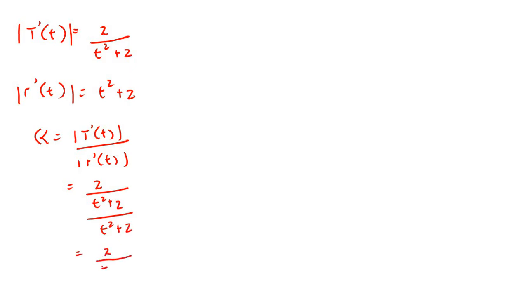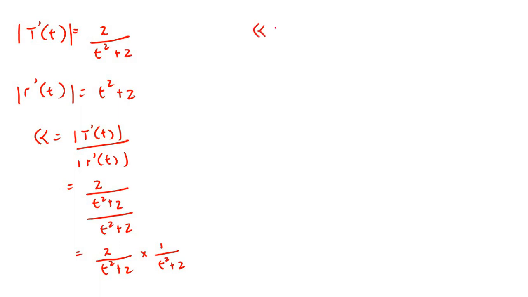Reverse it: 2 over t squared plus 2, and 1 over t squared plus 2. So kappa is 2 over t squared plus 2, power 2.